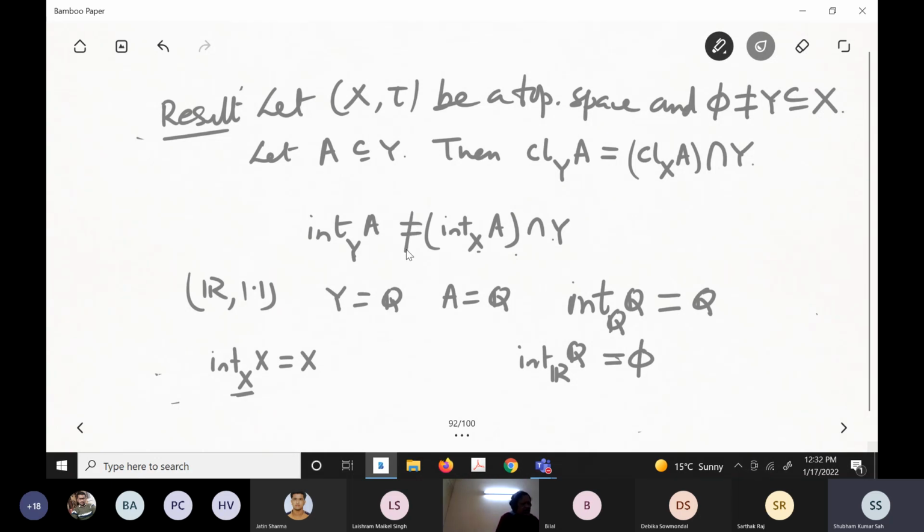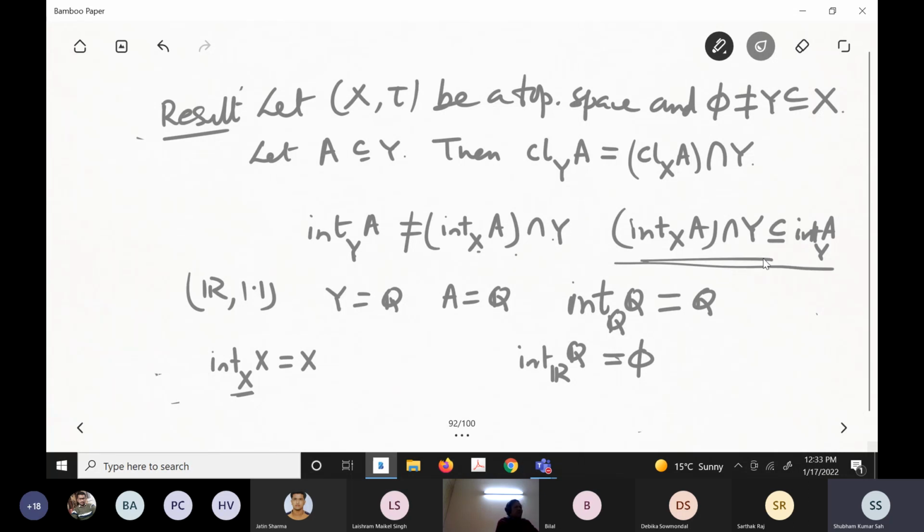But one way the subset inclusion will be always true. I think this we can prove; this you should check. So for interior we do not have this result, only this inclusion.